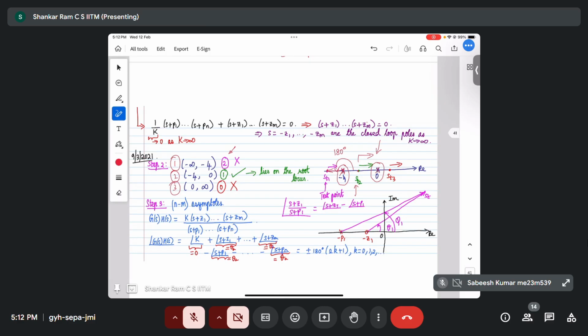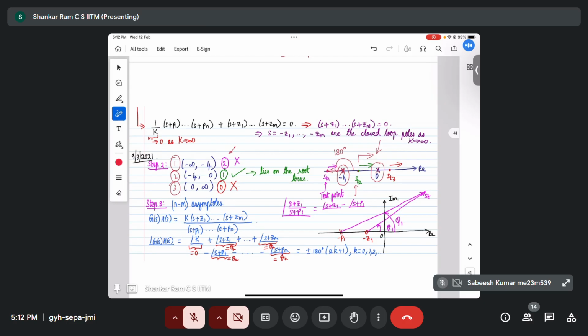So we can observe that the point ST2 satisfies the angle condition, and consequently, the region -4 to 0 lies on the root locus.